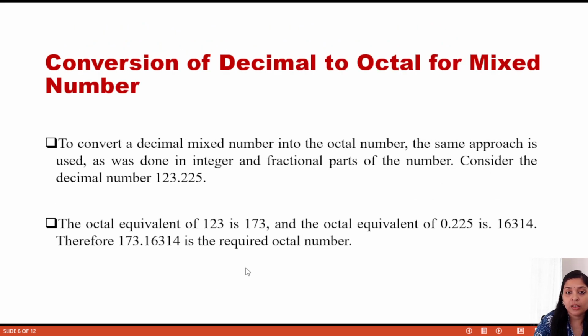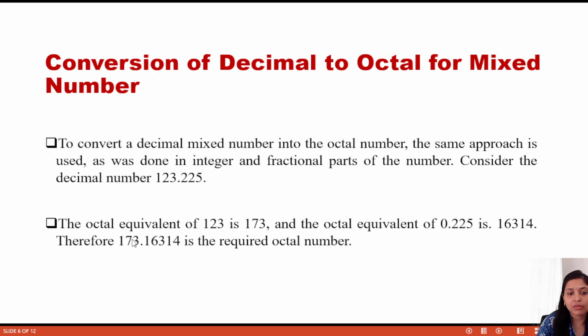Now I am taking a mixed number, that means the number also has a fraction. We have taken the same example, 123.225. The 123 equivalent octal number I have already done, so it is 173, and the octal number of 0.225 is 0.16314.